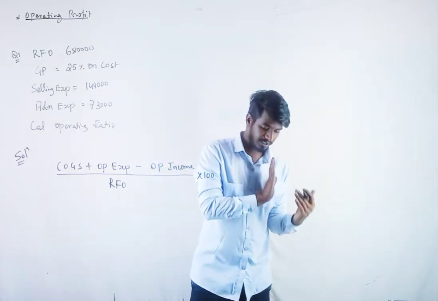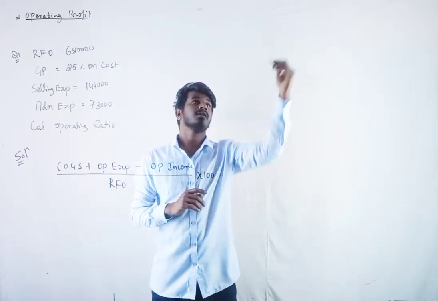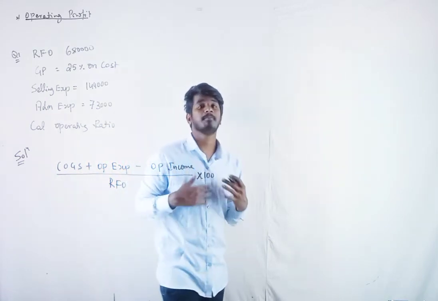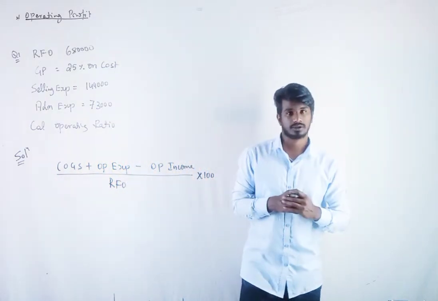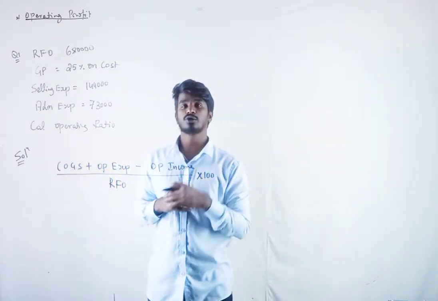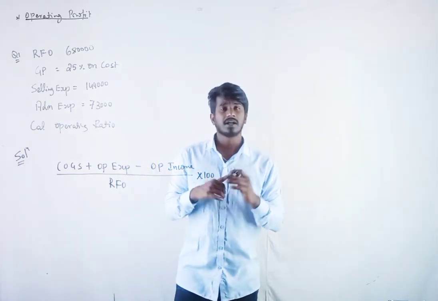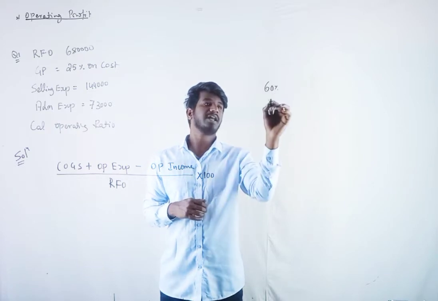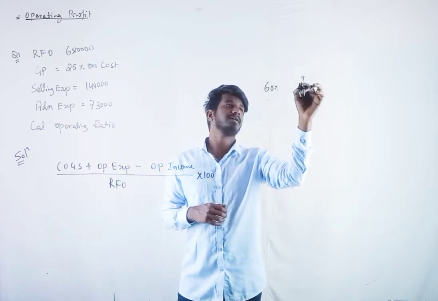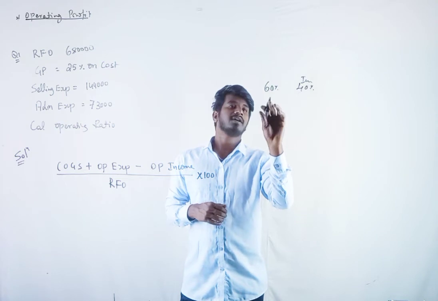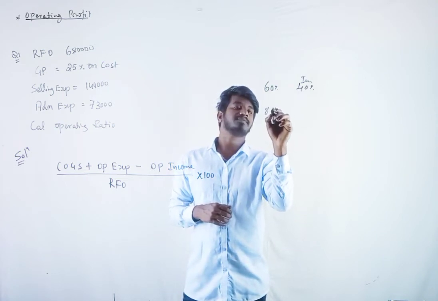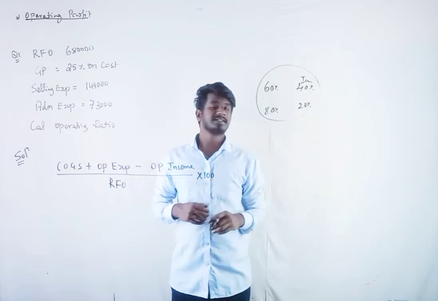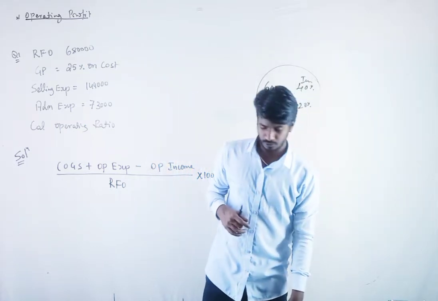How much expenses are we making to produce goods to sell? Let's say if you are expensing 60%, the remaining 40% is your income. If your expenses are 80%, the remaining 20% is the profit. This is the calculation we are going to do.